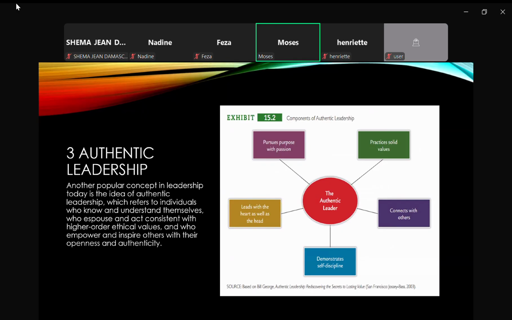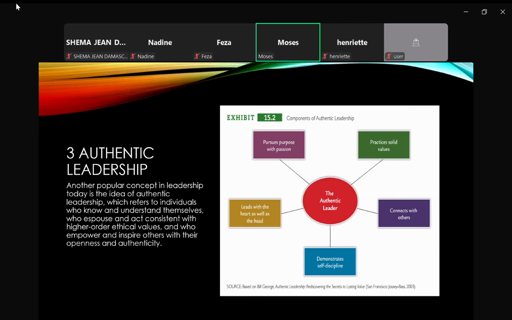And then we have authentic leadership. Authentic comes from the word, of course, authenticity. Authenticity is being true to yourself, being original, being yourself. And so being open.